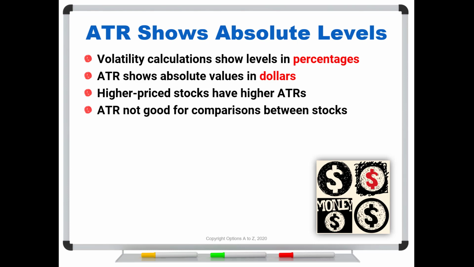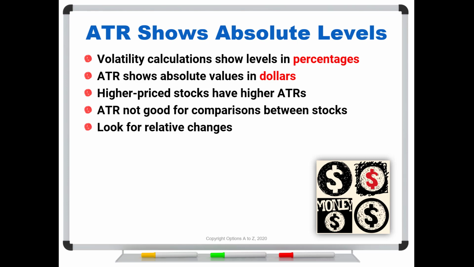So it's not good for comparisons between stocks, but yet traders will do it. And they'll say, hey, did you see stock A has got this massive ATR compared to stock B? Well, stock A is a $4,000 stock and stock B is a $20 stock. Yes, it's going to have a higher ATR. So you don't really want to use it to make comparisons across stocks. Instead, what you want to do is to look for relative changes.